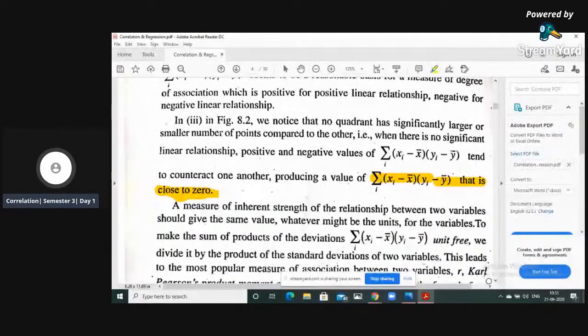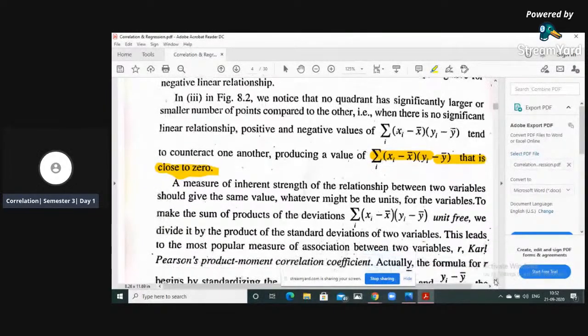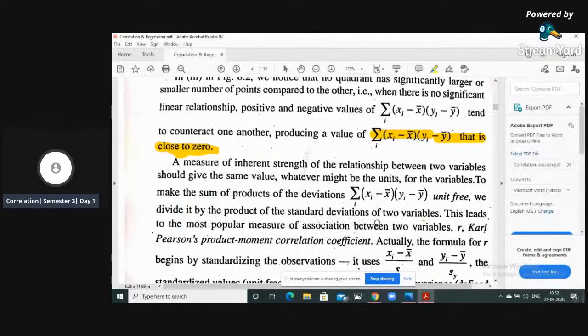So what we do is we divide the sum of products of deviations by the product of the standard deviations of the two variables, to make this measure unit free. This leads to the most popular measure of association between two variables, known as Karl Pearson's correlation coefficient, which is denoted by r.